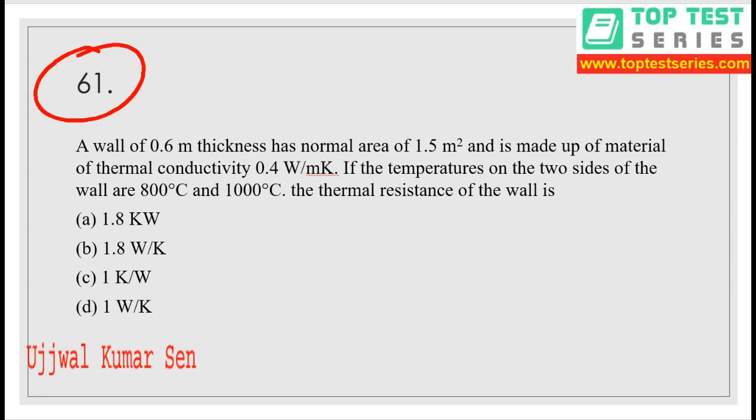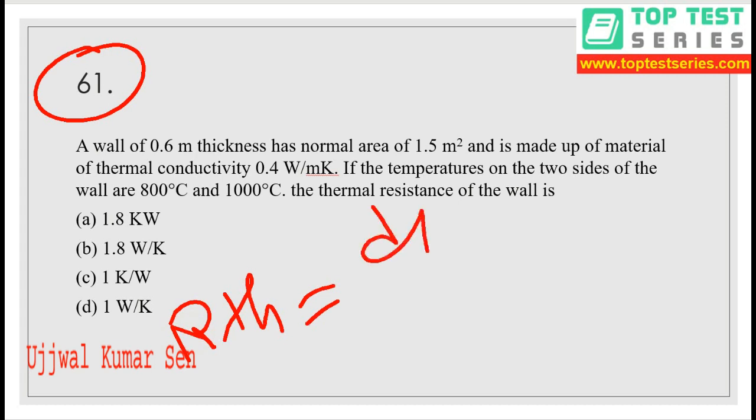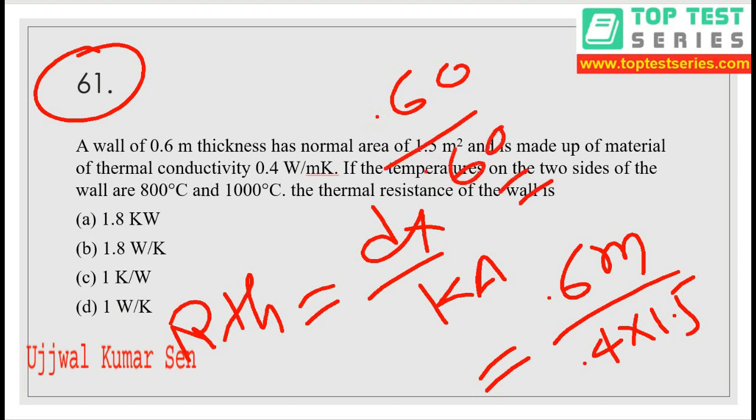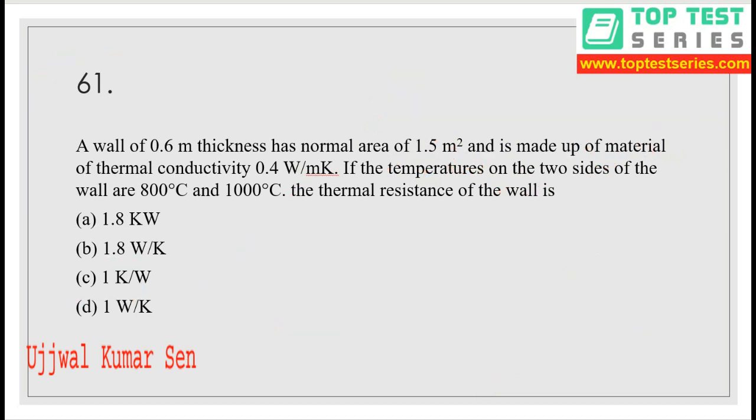We have to find out thermal resistance, that is R_th. R_th is equal to dx by kA. dx is 0.6 meter, and k is 0.4 and A is 1.5. There is no problem with the unit, right? So 0.6 by 0.6 is equal to 1 and its unit is Kelvin per watt. Therefore option C is the correct answer for this question.